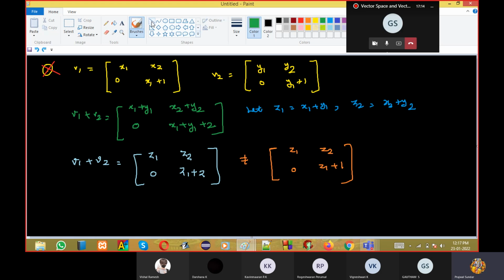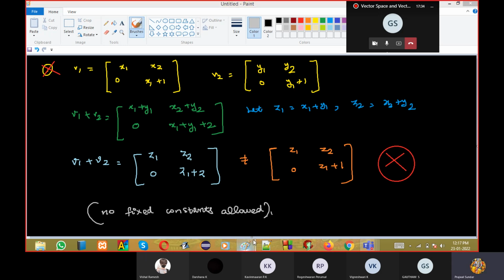If you have any fixed constant, then definitely it is not a vector space. No fixed constants allowed. I hope this is clear. We'll go to the next example.